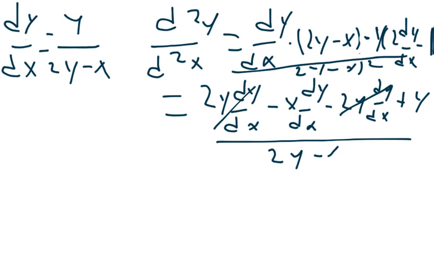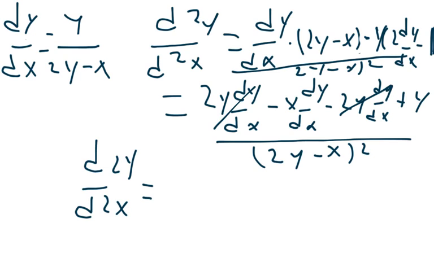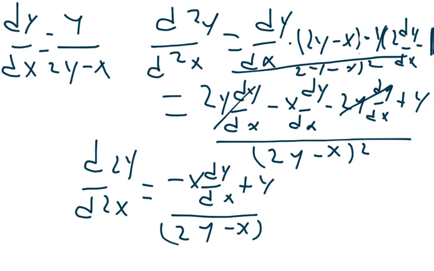And then what we have left over is d2y over dx2 equals negative x dy over dx plus y, all over 2y minus x squared. And there we have it, the second derivative, right here.